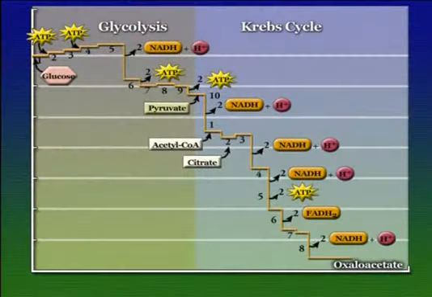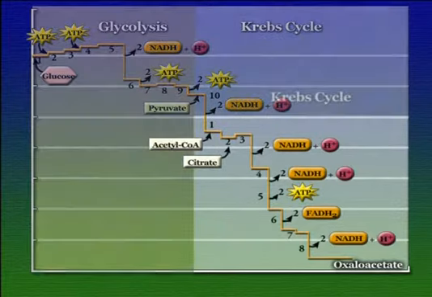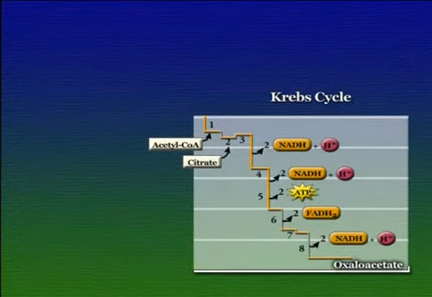Now, the 4-carbon compound, that's the last compound in the Krebs cycle, the oxaloacetate, is also a fairly low-energy compound. In other words, if we're just graphing the steps of the Krebs cycle in a graph of energy over time, we would start out with citrate at the top, and we would end at oxaloacetate at the bottom.